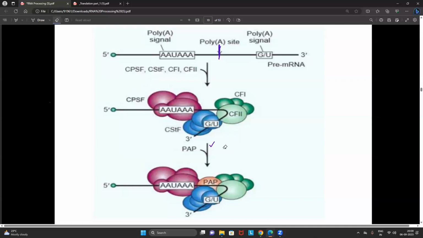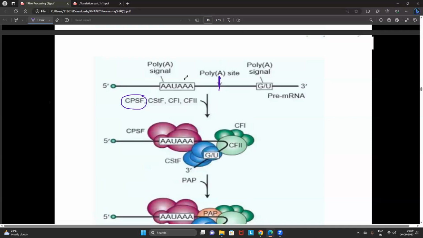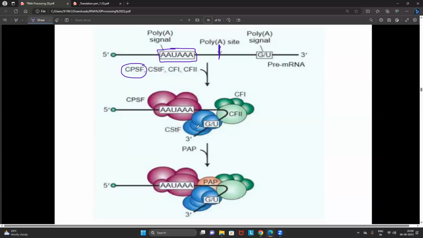Now all the students look into the diagram very carefully without any confusion. CPSF, the pink color protein, will attach to the mRNA exactly where? Exactly at the AAUAAA sequence. You got the point? And friends, where exactly will the CSTF be attached?